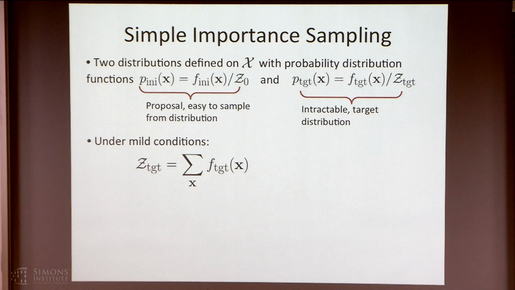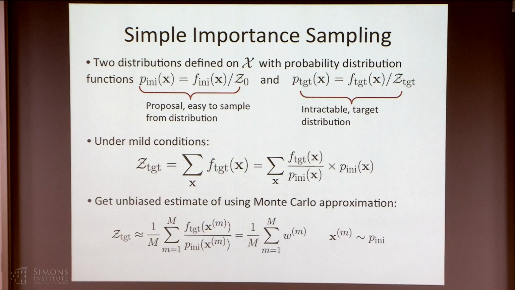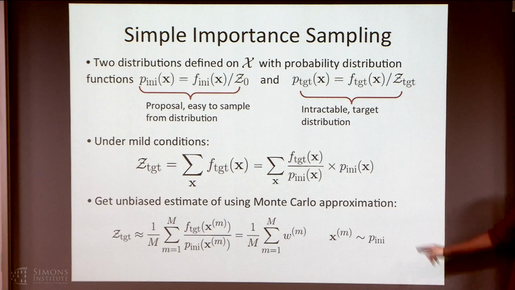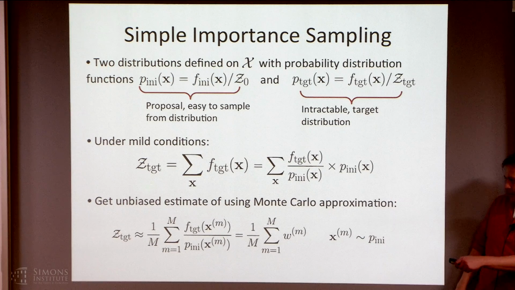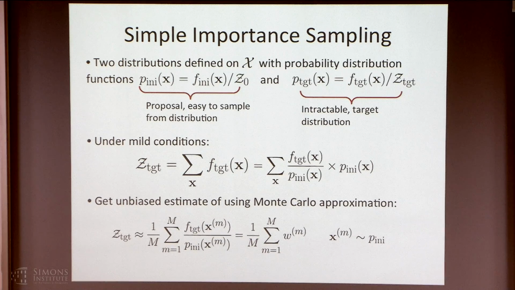Under certain conditions, the partition function is just this exponential sum, and you can divide and multiply by the simple distribution. Of course, you have to satisfy mild conditions, since you cannot divide by 0. Then you can sample from this distribution, and this is simple importance sampling, so I can estimate the partition function.